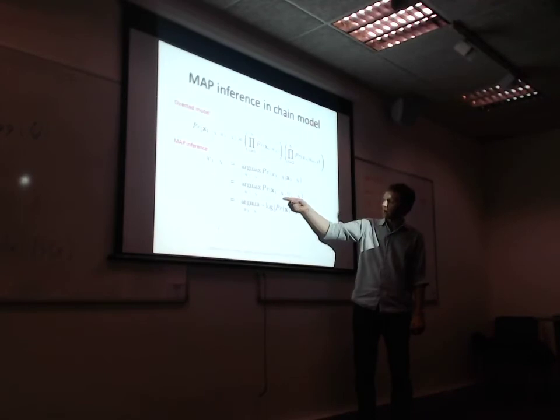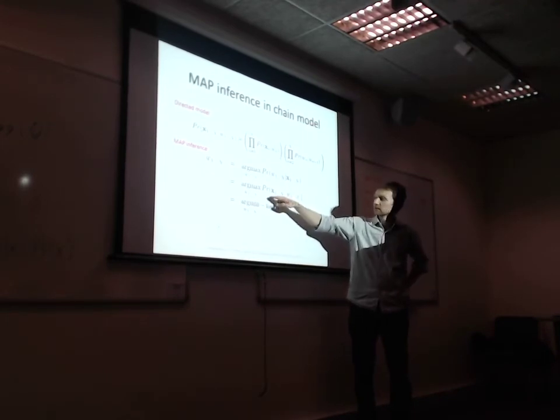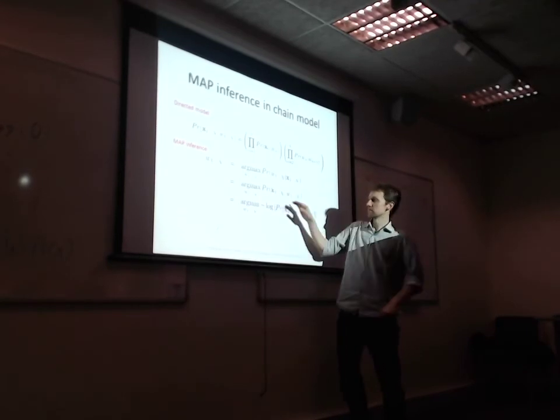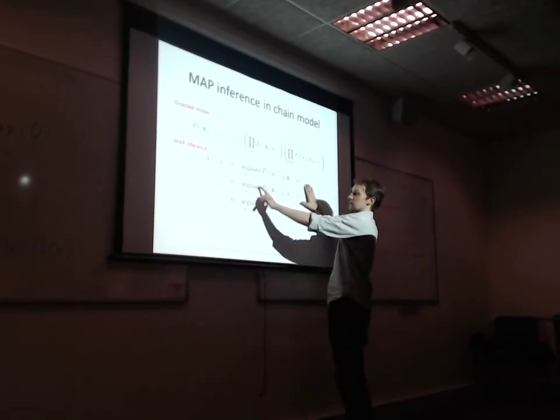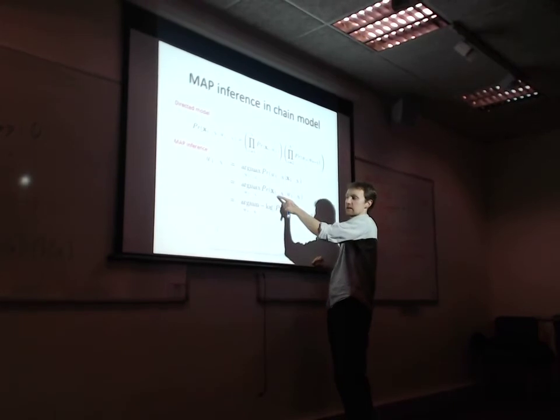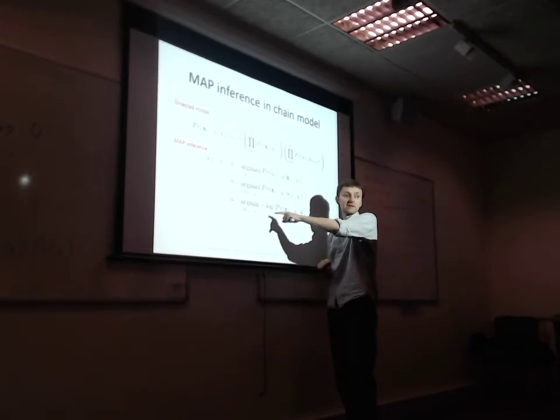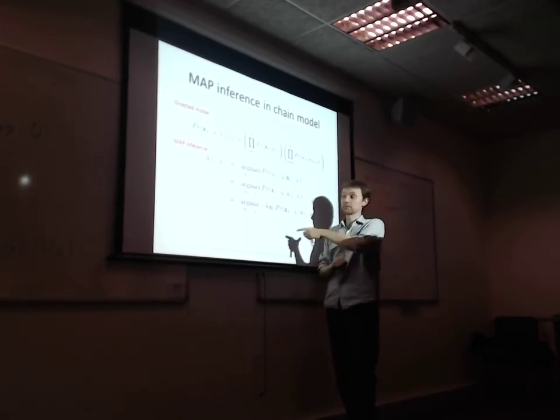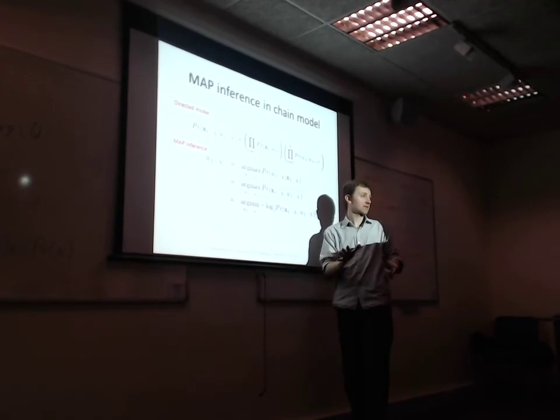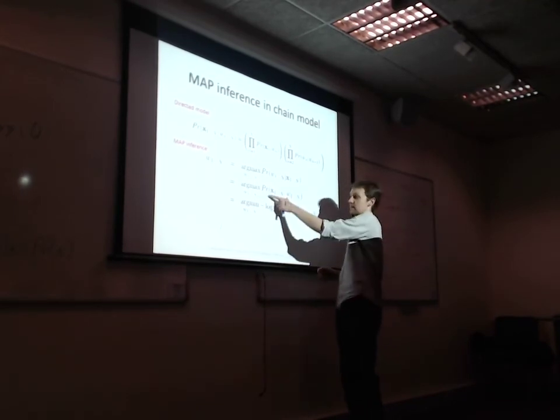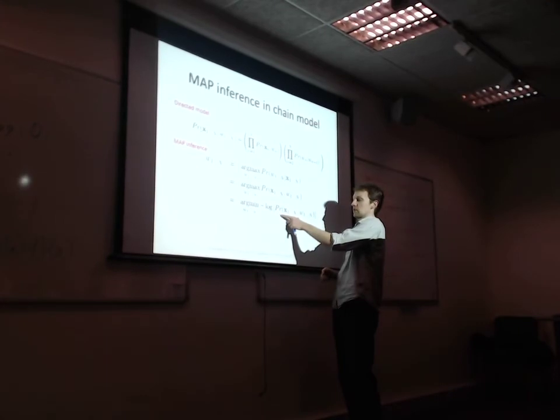But the point isn't to go back, the point is to go forward. We have this probability, we're trying to maximize this thing. Maximizing this thing is equivalent to minimizing the negative log of that thing. Right? Everybody's okay with that? Maximize that is the same as minimizing the negative log of that.